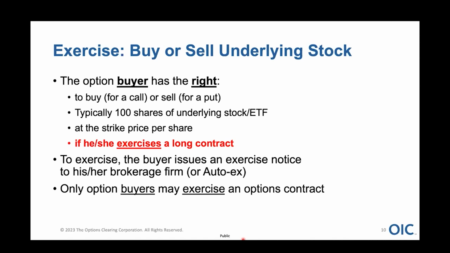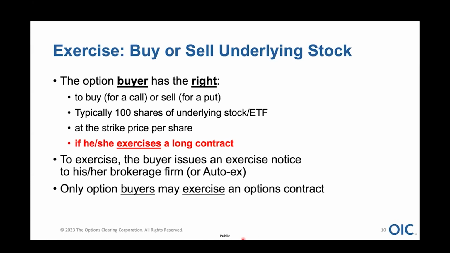Another thing to keep in mind is that people can exercise early in an American style option, which most options that trade in the United States on stocks and ETFs are, meaning that they can be exercised on or before expiration for whatever reason the long holder wishes. Just because you can exercise early doesn't necessarily mean you're going to want to, because there has to be an economic incentive.